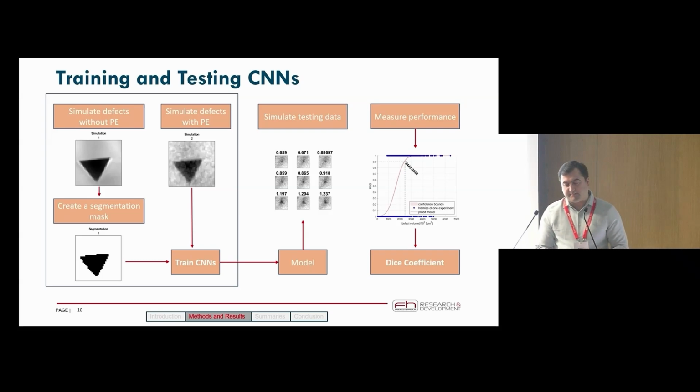In the next step, we create the model, then apply it on unseen defects. So we were not training on the defects in the training set; we applied unseen ones. To measure the performance, we applied the probability of detection and also the dice coefficient, basically checking each voxel's similarity between two binary masks.